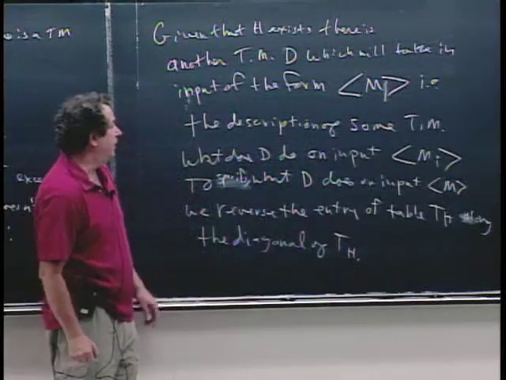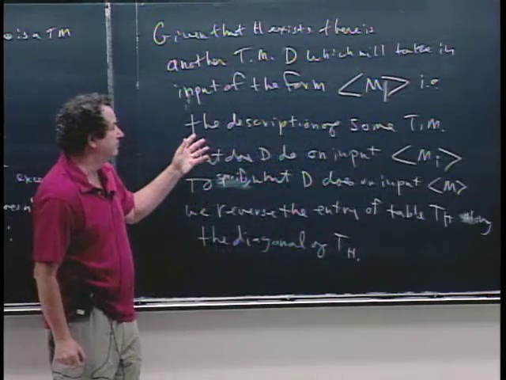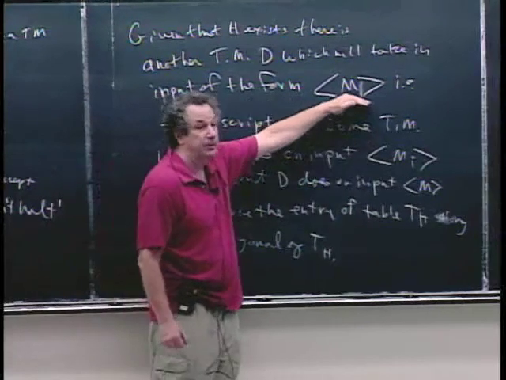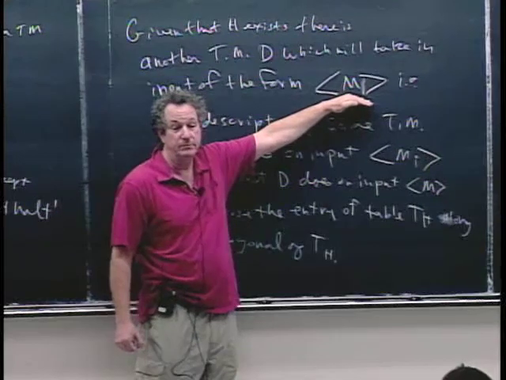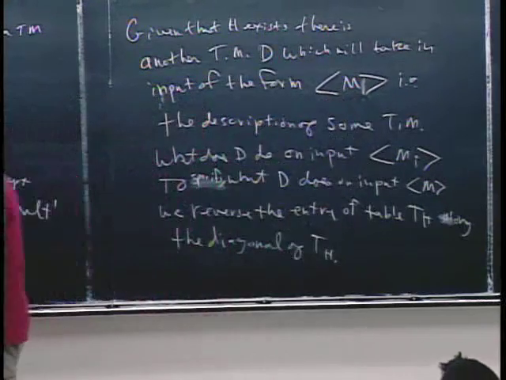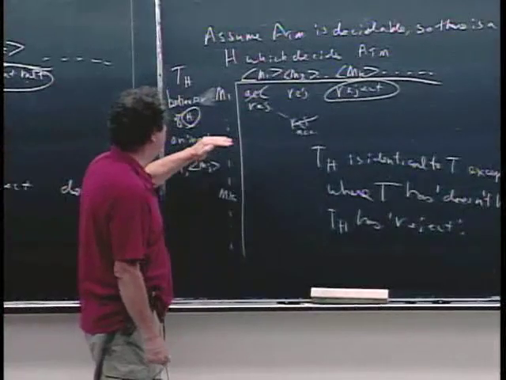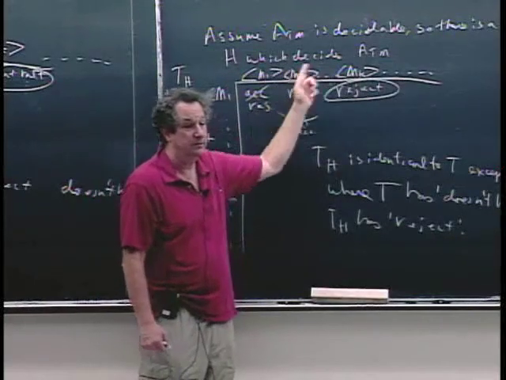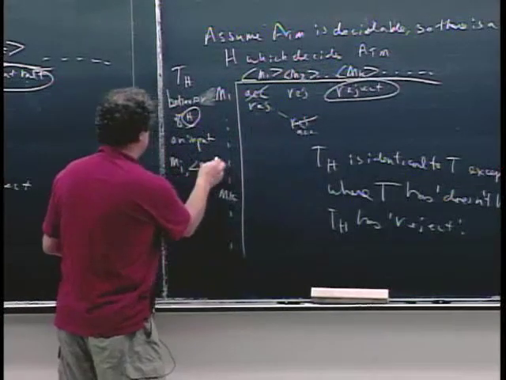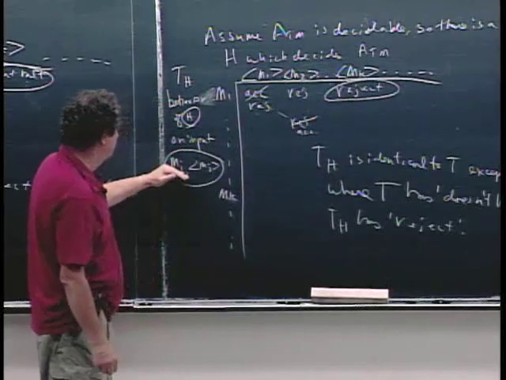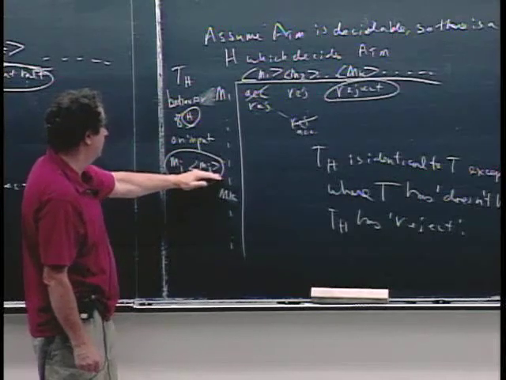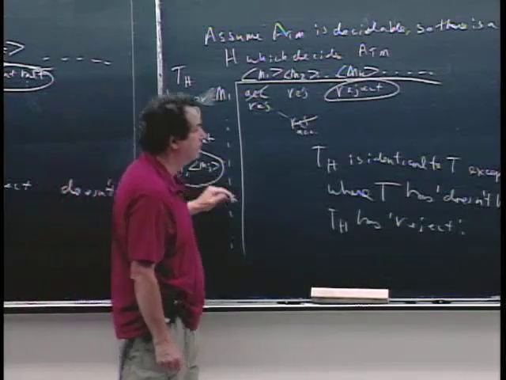Okay? Now, a thing to pay attention to is that D only gets the description of a machine as its input. Along here, when we were talking about H, H's input is a particular machine and a description of some other machine. So it can be any pair like that. Description of one machine, M_I, let's say, and then the string describing another machine, M_J.